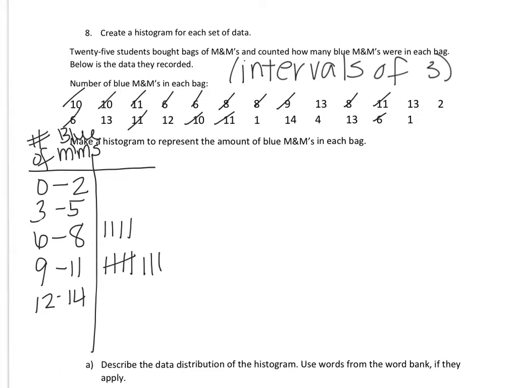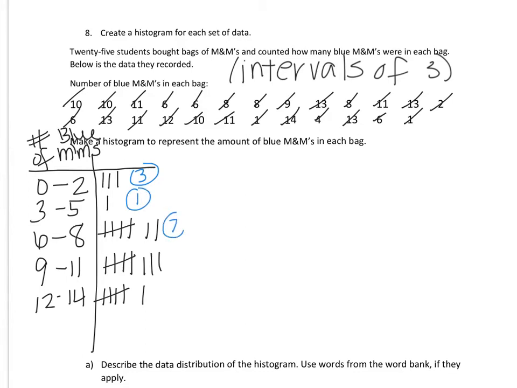Then the last intervals, 1, 2, 3, 4, 5, 6, and then 1, 2, 3, and 4. Okay, so I have 3 for the first interval, 1 for the second, 7, 8, and 6.